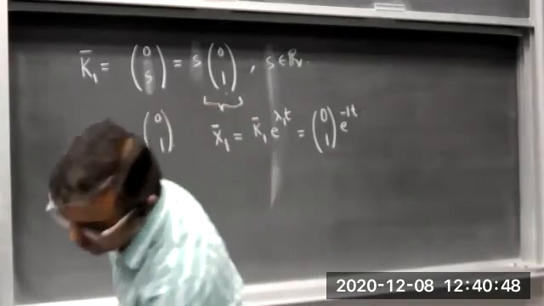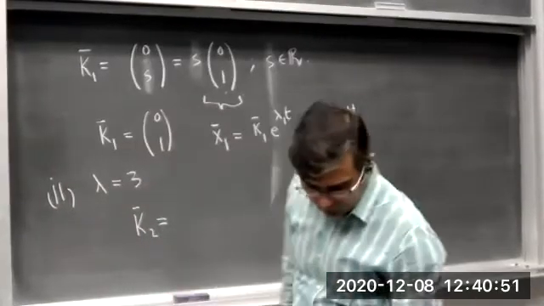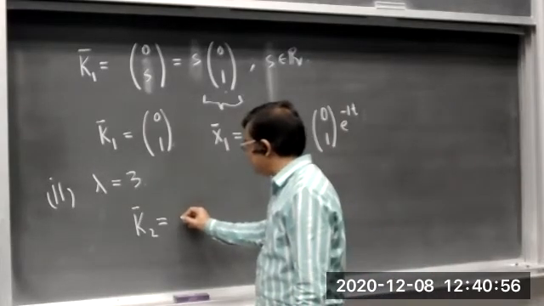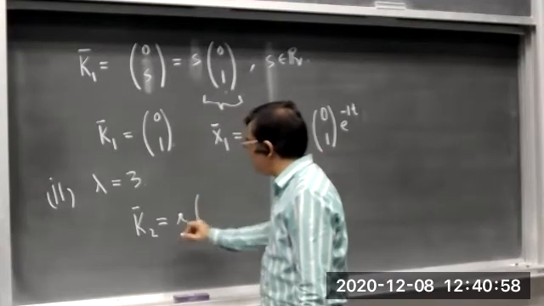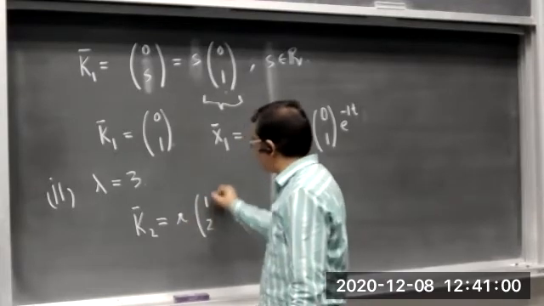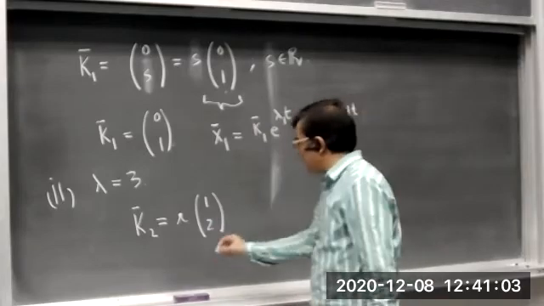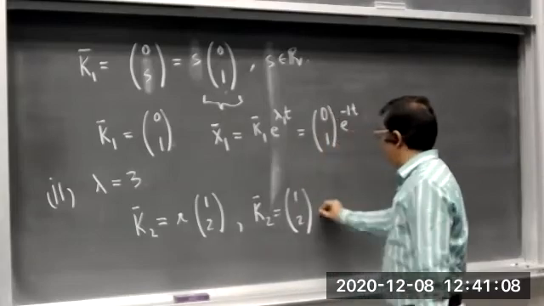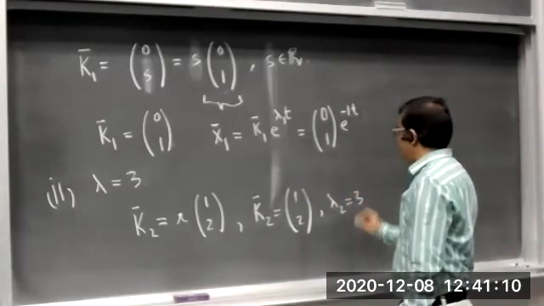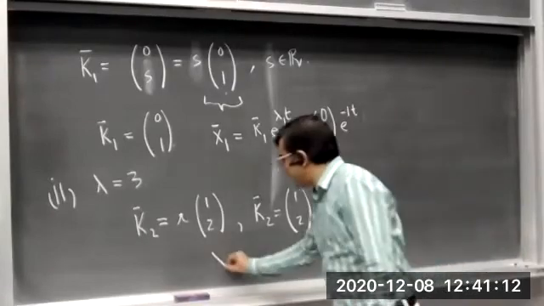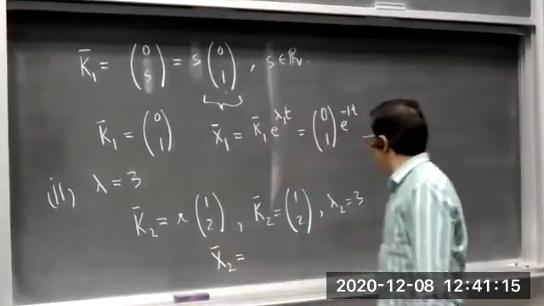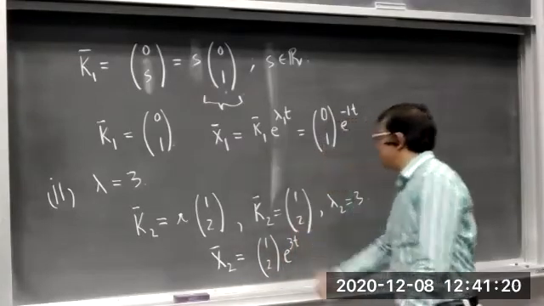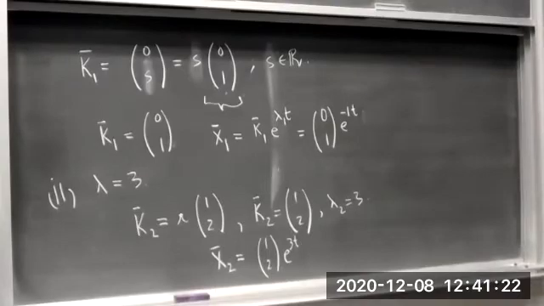Finally, you should obtain another vector, maybe as r times 1, 2. So ultimately we use the k2 vector as the 1, 2 vector, and your lambda 2 is 3. So your second solution is 1, 2 e raised power 3t.